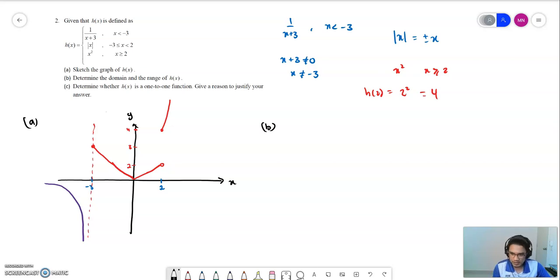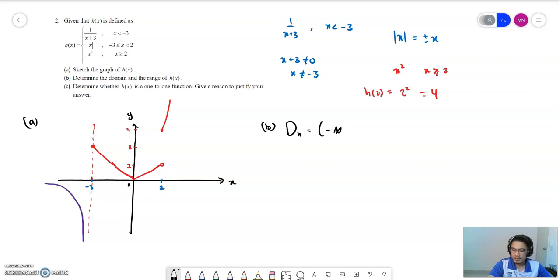To determine the domain, the domain for h will be equal to, you can see here on the left side, the graph comes from negative infinity and it goes until negative 3. We have an asymptote at negative 3, but the modulus function continues right from the point of negative 3, goes to 0 and goes until positive 2, but it does not equal positive 2.